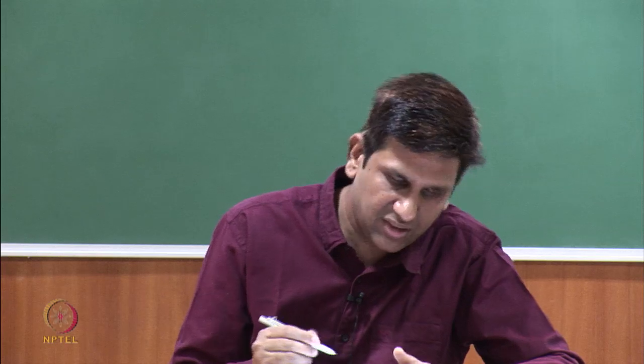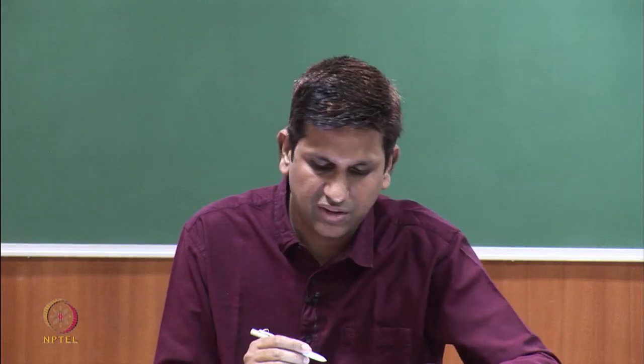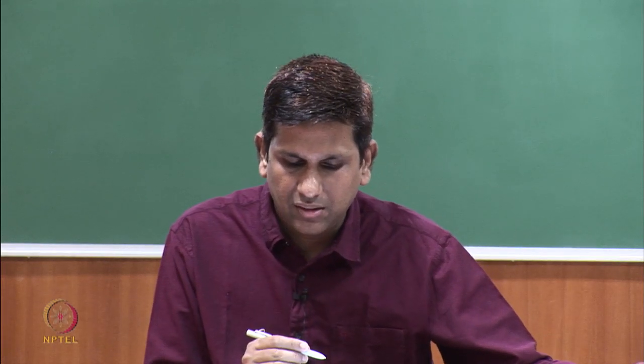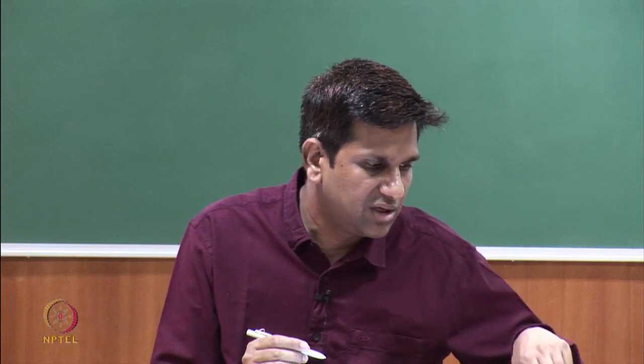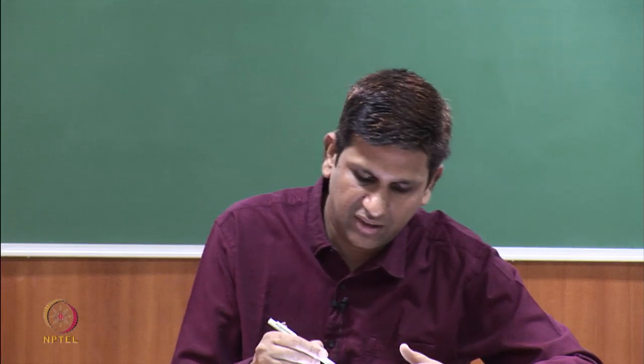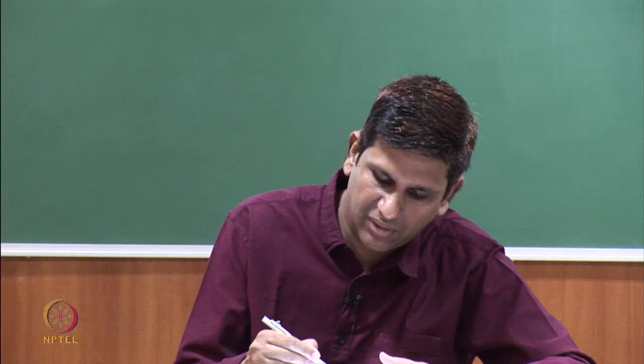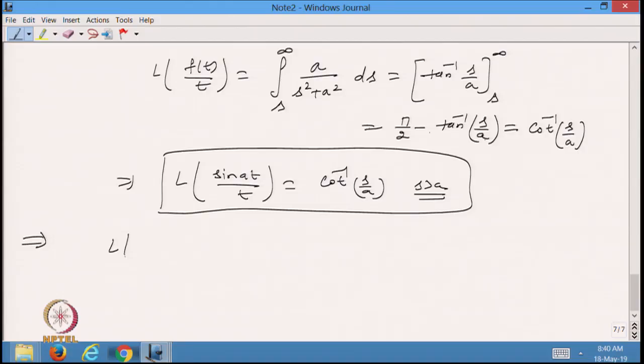Now, one more property I want to use. In the last class we have discussed the Laplace transformation of a derivative of the function. If you remember, I have taken the Laplace of f dash t, Laplace of f double dash t in the last class.